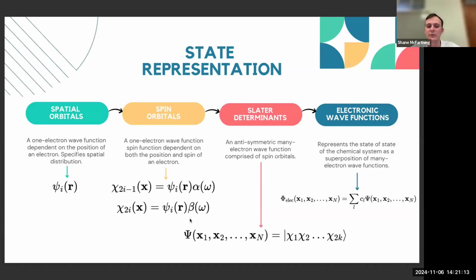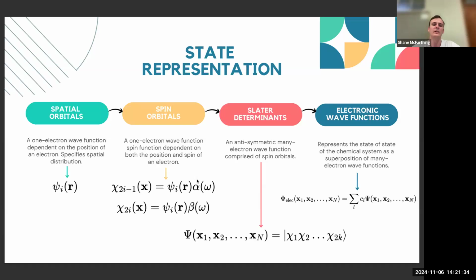Sometimes they're also called the alpha and beta spin particles. And it's just a function of unspecified spin coordinate omega. And what this does is tells us the spin of the orbital and then the spin of the electron, and we can form these spin orbitals by taking the product of that spin function and the corresponding spatial orbital.